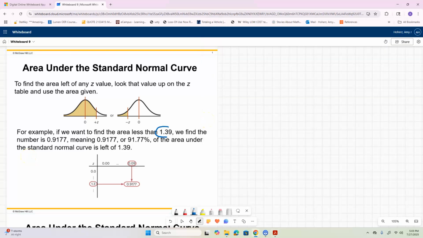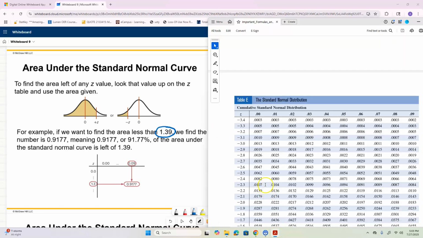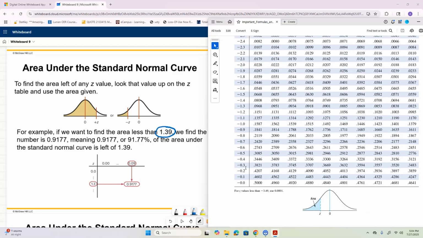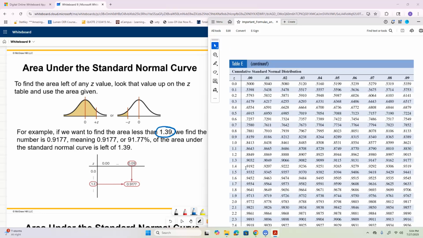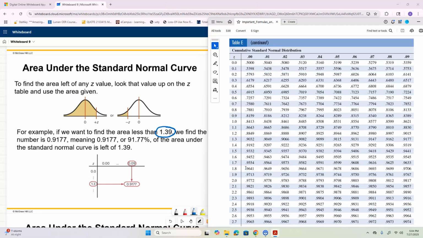So if our z is 1.39, that's a positive value, which means we're going to have to be looking on the positive part of the chart. So we need to go to the second page. So on the second page, you'll find 1.3. Okay. So here's 1.3.